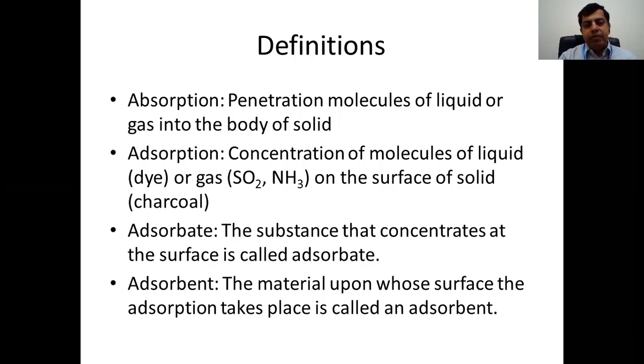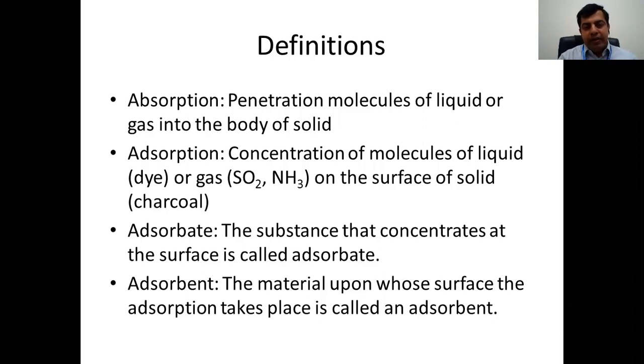And it is easy to remember these two terms, like adsorbent is similar to other terminology you are using, like oxidizing agent, reducing agent. That means these are the main components which act in the surface phenomena.